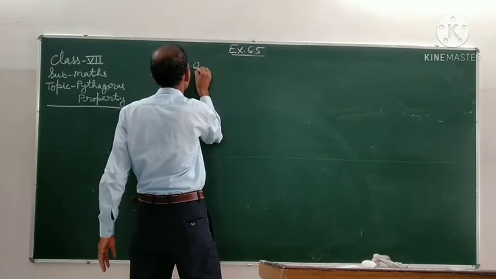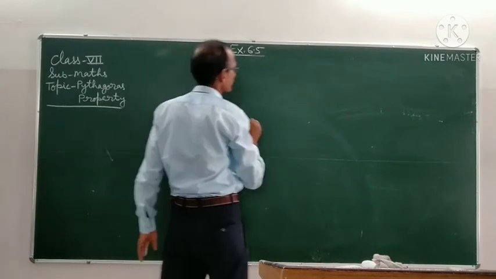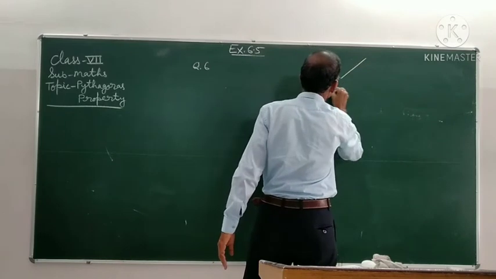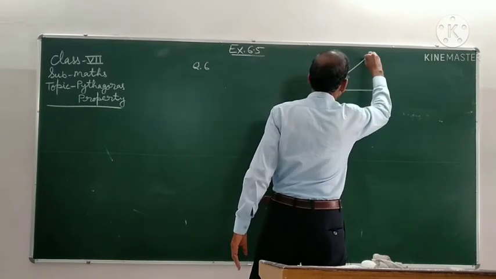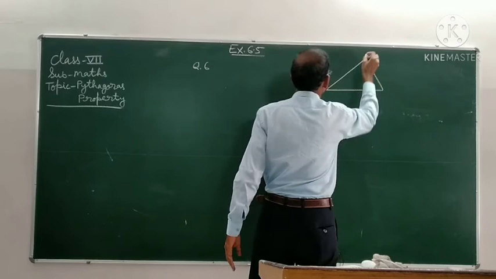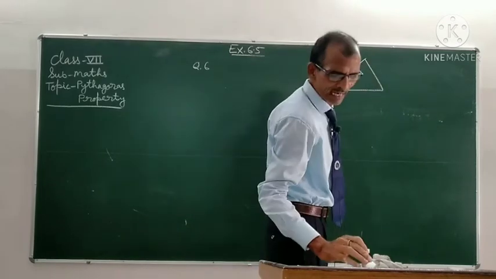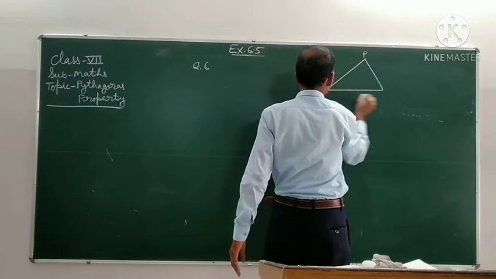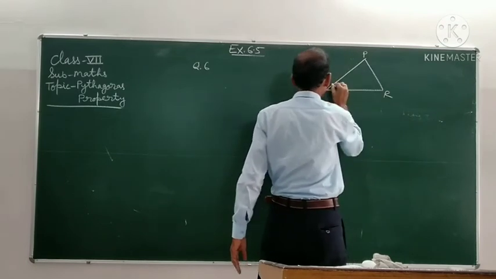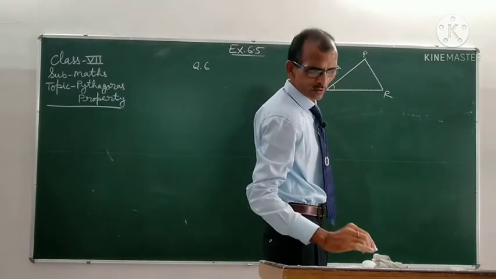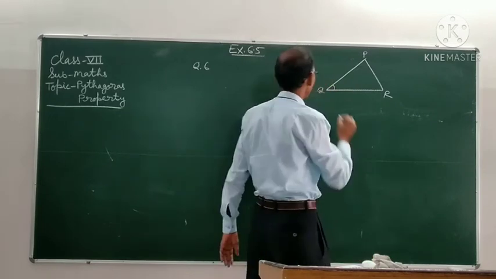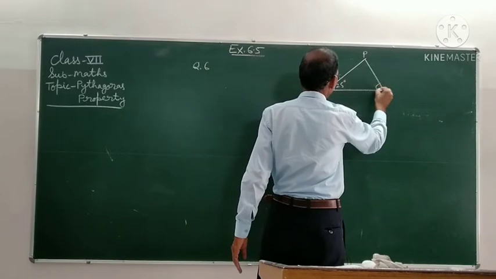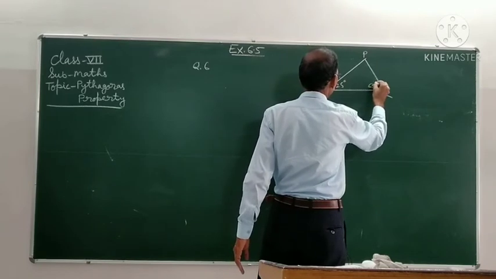This is the figure given. Triangle PQR, in which angle Q is 25 degree, angle R is 65 degree. This is 25 degree and this is 65 degree. Okay?